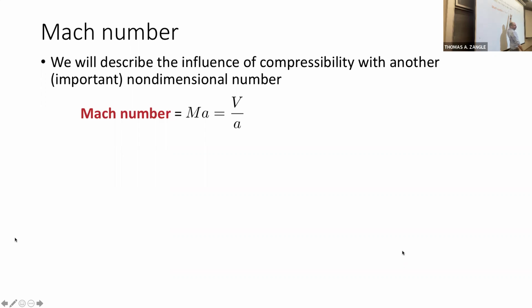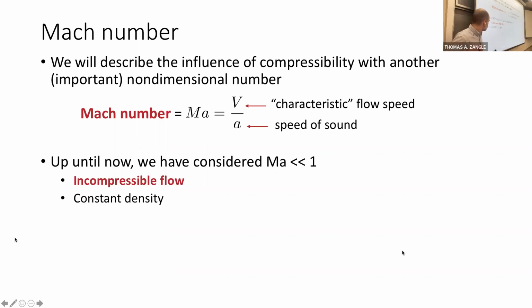So maybe it's the average or typical velocity within a section of pipe, or the velocity of an object moving through the air, divided by a, which is the speed of sound. Okay. And so this is the Mach number, written as V over a. It's just a velocity over a velocity, so it's dimensionless. So it's the characteristic flow speed over the speed of sound.